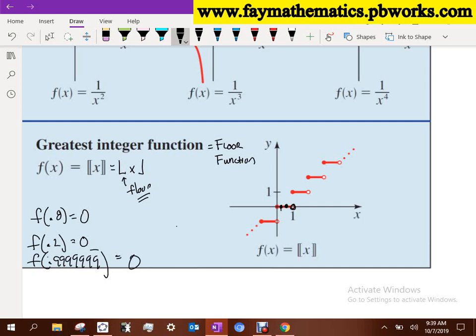Now, the one thing we have to pay attention to is that when my input is an integer, the output is that integer. So I plug 1 in, I get 1 back. And that's why at (1, 1) we have that closed dot. But now if I go f of 1.5, the last integer I came across would have been 1. So at 1.5, we're at 1. Does that make sense to everybody?